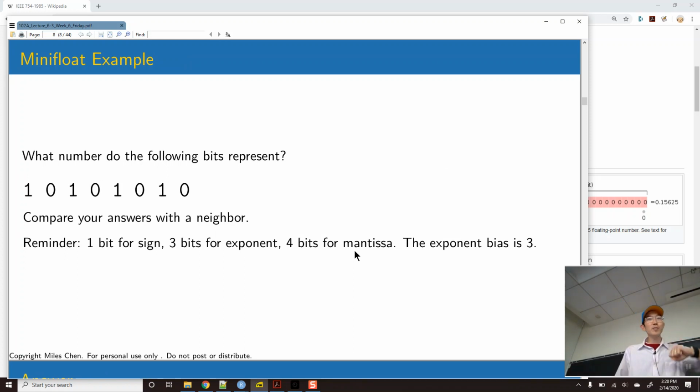Try this out. Maybe take out a piece of paper and tell me what this number represents. 0, 1, 0, 1, 0, 1, 0, 1. What is that in binary? You've got 3 bits for the exponent, 4 bits for the mantissa.